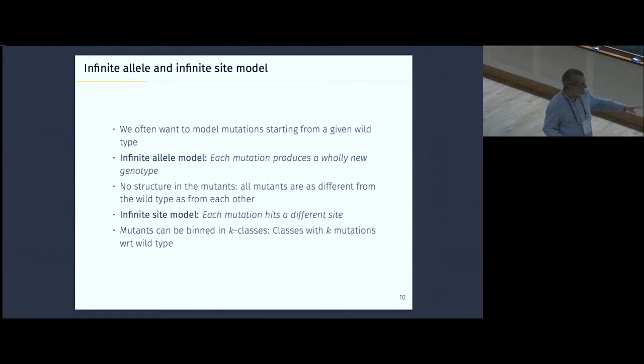So this is why we had this kind of wobble in Kavita's lecture, because the definition of H star that she made at the beginning was a definition in terms of the infinite allele model.